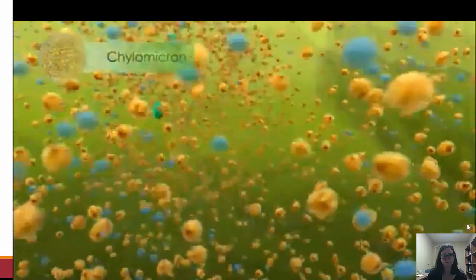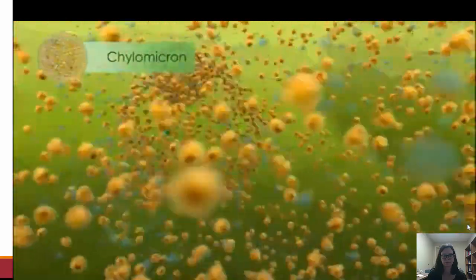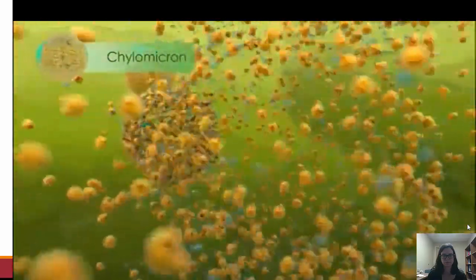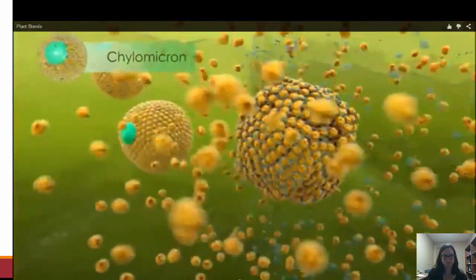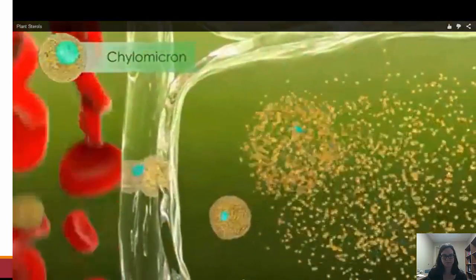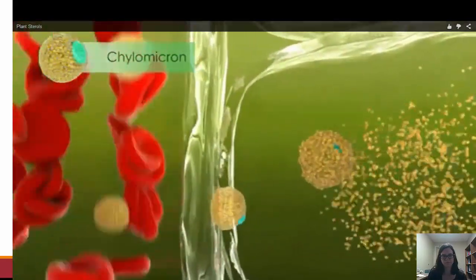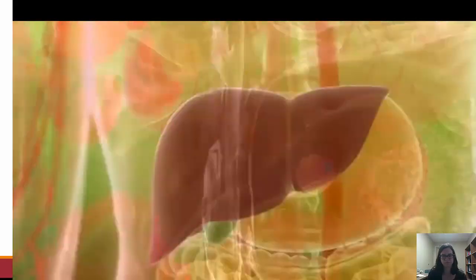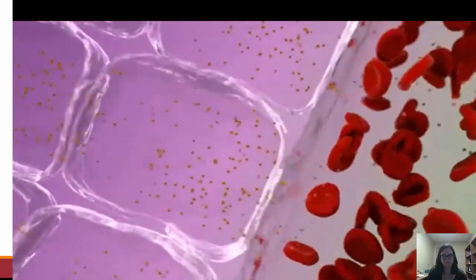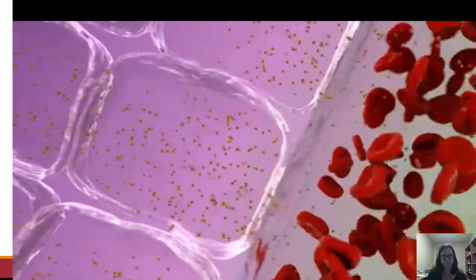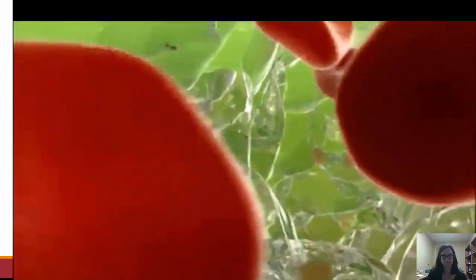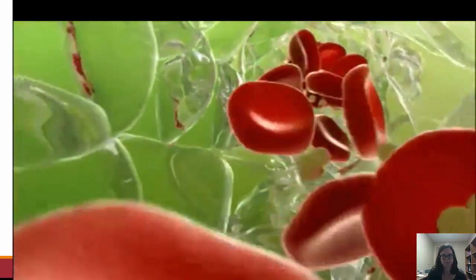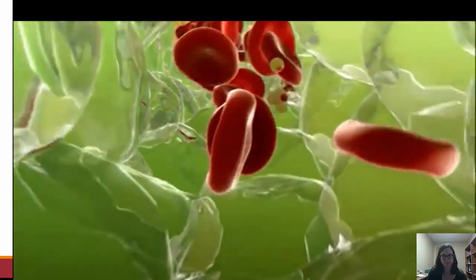Once inside the cell, the micelle contents are repackaged into spherical particles called chylomicrons. The chylomicrons then carry their fatty contents into the bloodstream, where they are delivered to their target tissues, including the liver. Absorbed and newly synthesized cholesterol is then released from the liver cells into the bloodstream, where it gradually forms LDL cholesterol via the transformation of other lipoproteins.